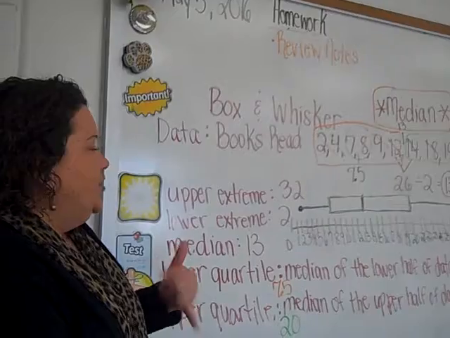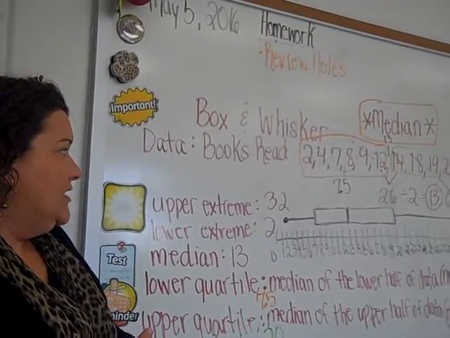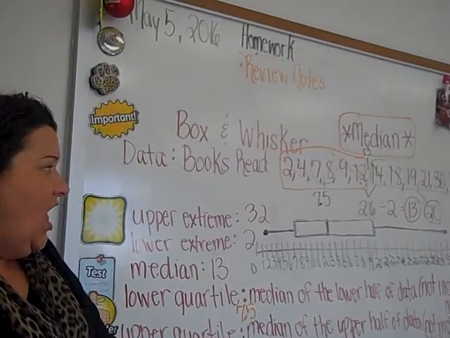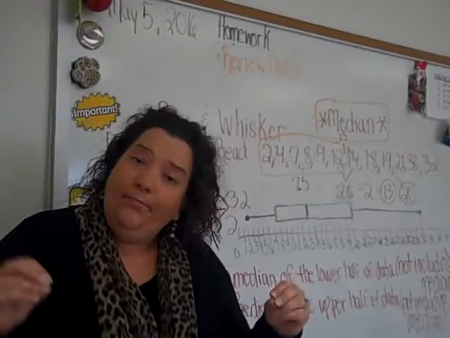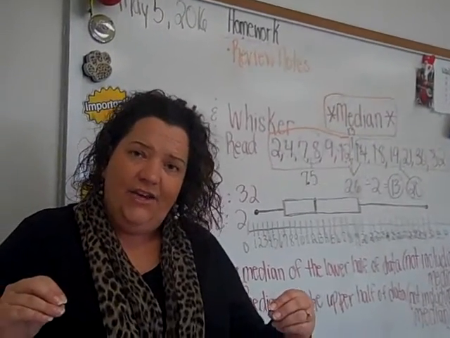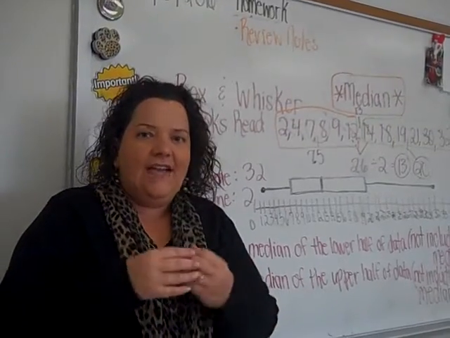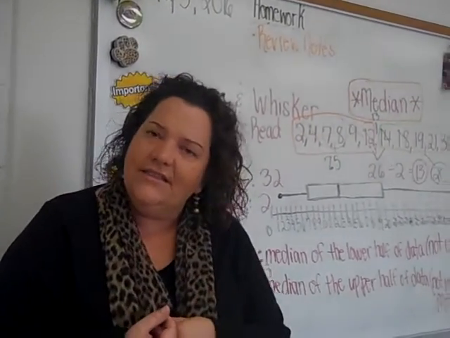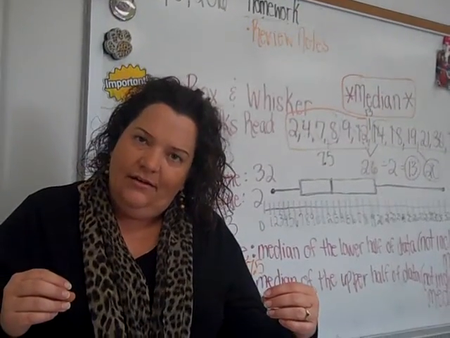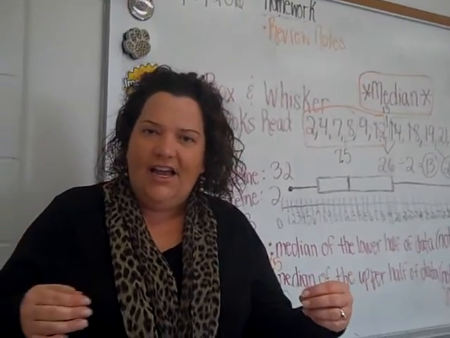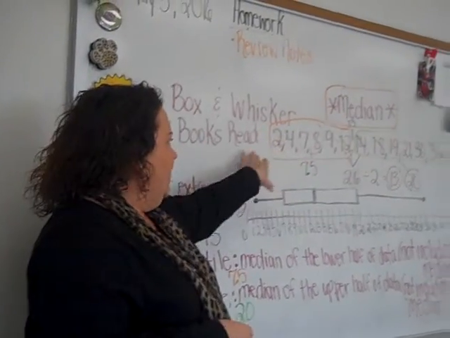The students read 2, 4, 7, 8, 9, 12, 14, 18, 19, 21, 30, and 32. I already put my data in order from least to greatest. But remember, that's a common mistake that sixth graders make. Before finding the median, you need to put your data in order from least to greatest, like I have displayed up here.